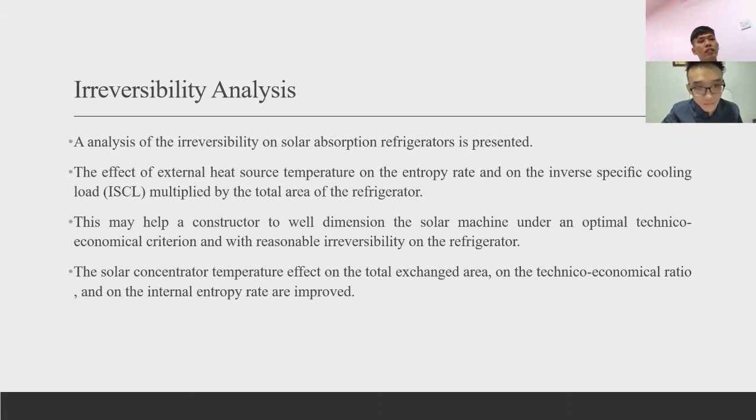This may help a constructor to well dimension the solar machine under an optimal technical-economic criteria and reasonable irreversibility on the refrigerator. The solar concentrator temperature effect on the total exchange area, on the technical-economical ratio, and on the internal entropy rate is going to improve.